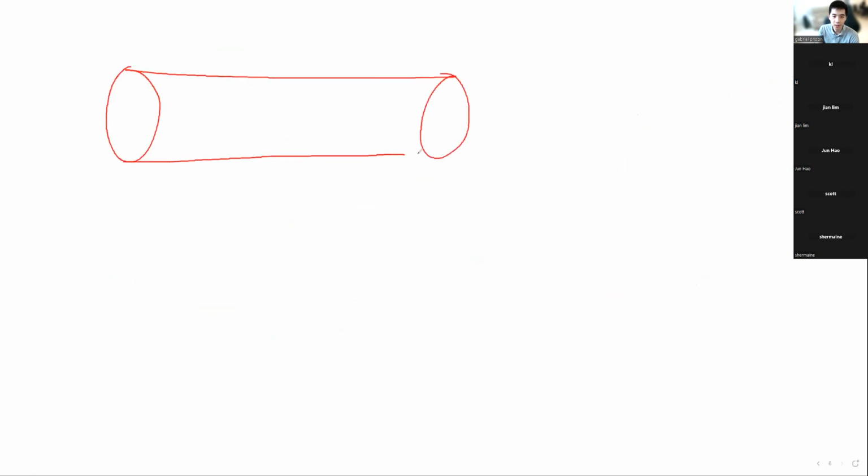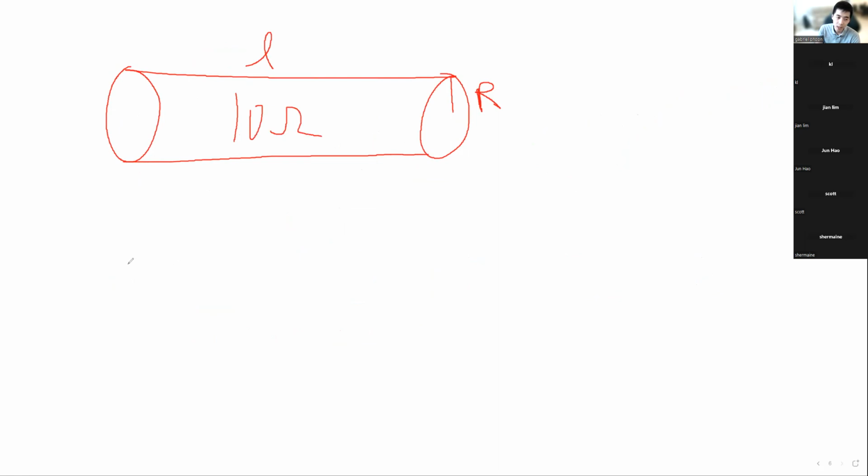Not too tough. Let's assume this is the case. Here again, this one is length, but this time this is R. For ease of calculation, let's make it 10 again.